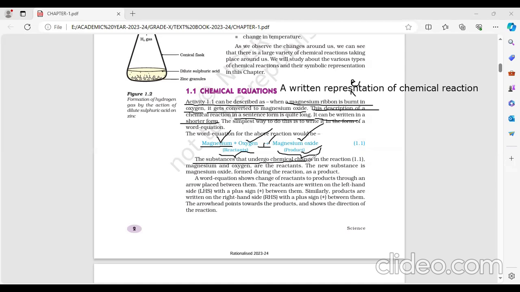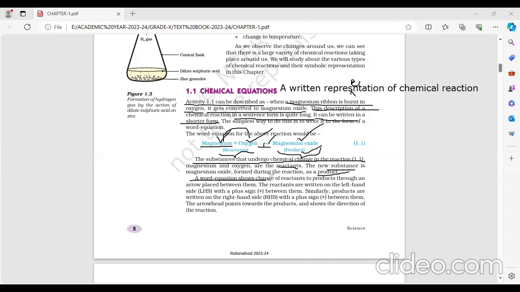The substances that undergo chemical change in this reaction 1.1 are magnesium and oxygen. These two substances are undergoing the chemical change, so they are known as reactants. After they react, we get a final, new substance, and that is known as the product.